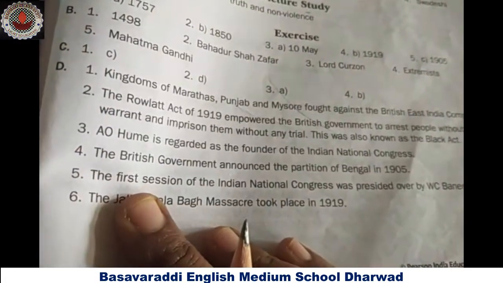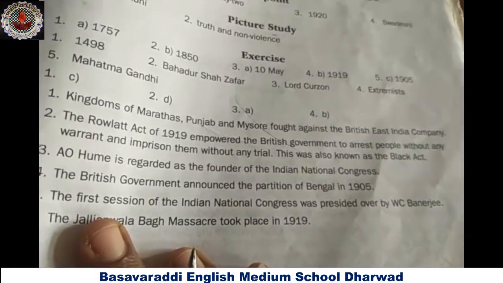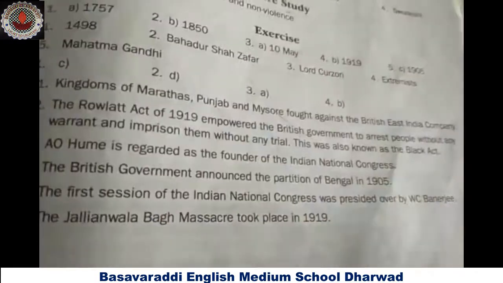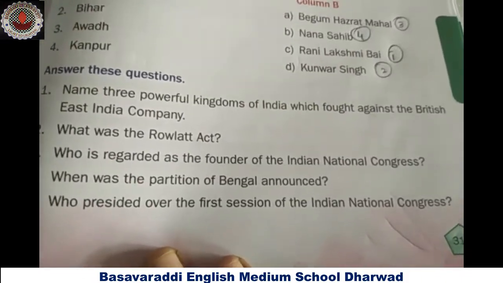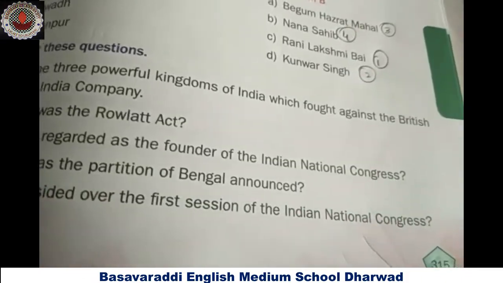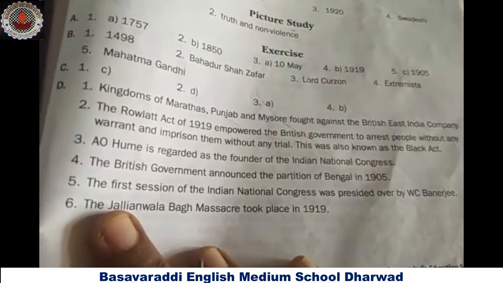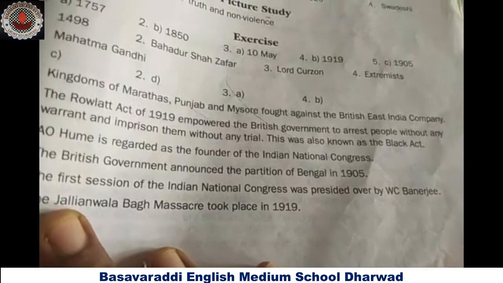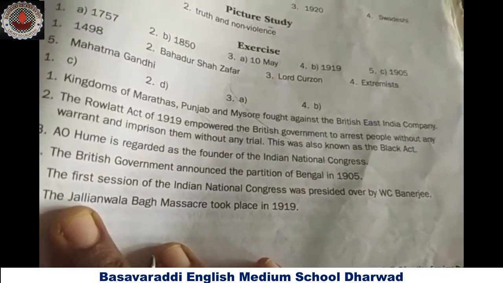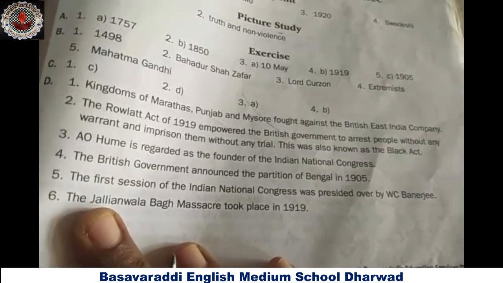The British government announced the partition of Bengal in 1905. Who presided over the first session of the Indian National Congress? W.C. Banerjee.